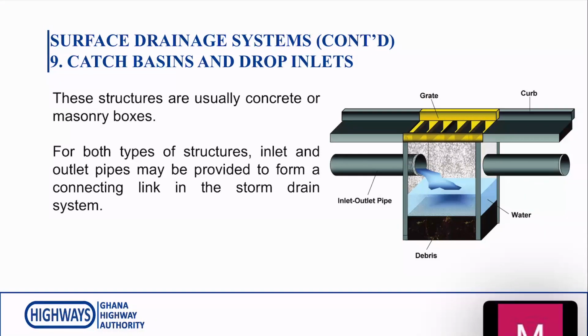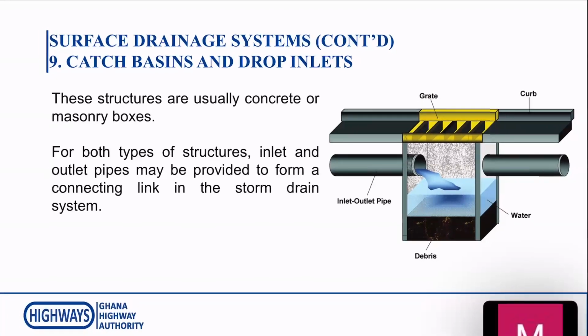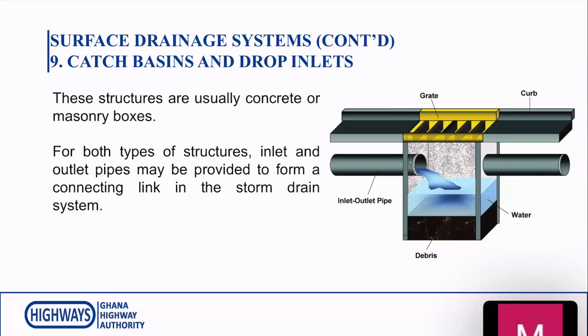As you can see from the picture on your right, the debris settles down and the liquid stays on top, and that can flow through the pipes. It's an efficient way of removing debris from the drainage system and helping to make sure that the drainage system is not clogged.